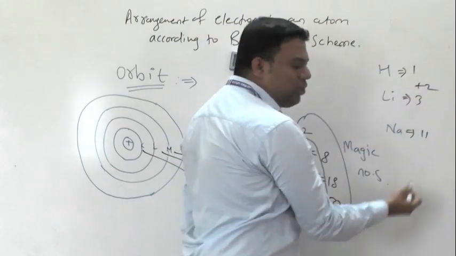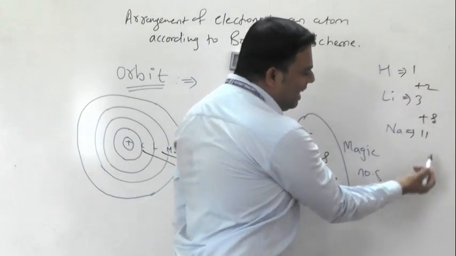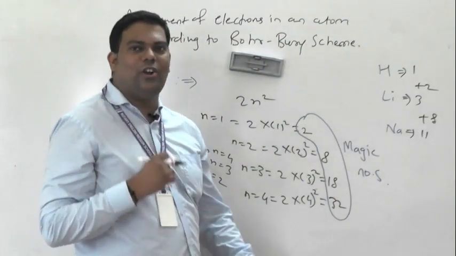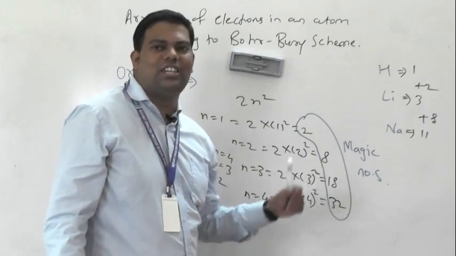Here we add 2, here we add 8. Like that, again 2, 8, 8, 18, 32 we have to add. So these magic numbers are important.